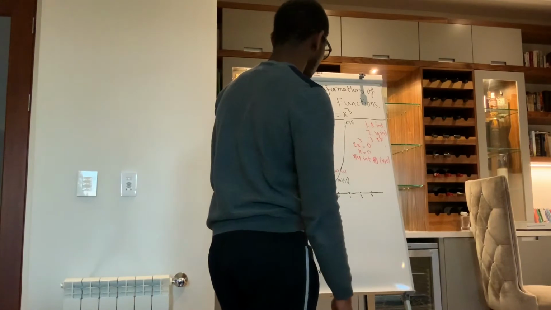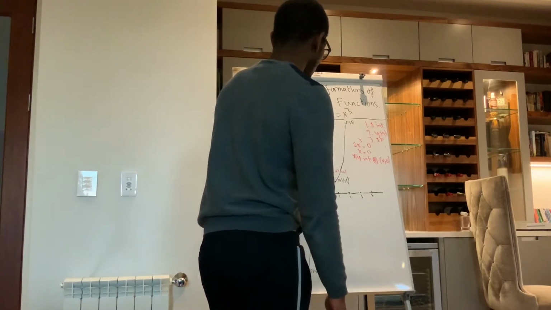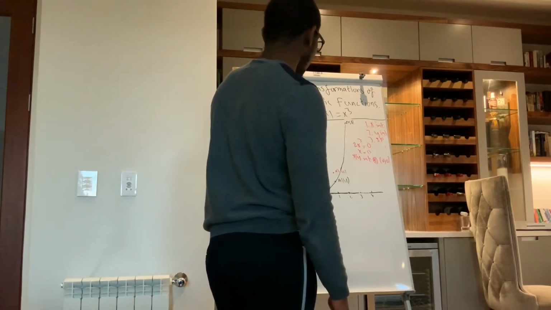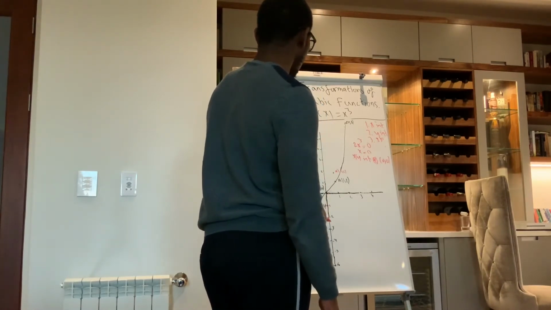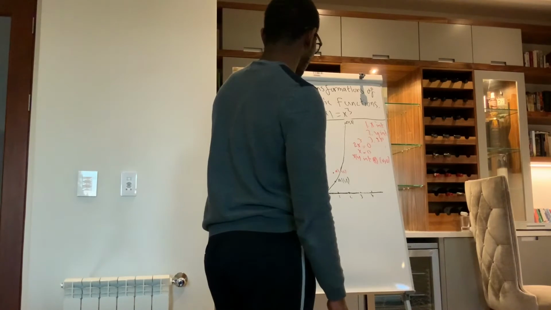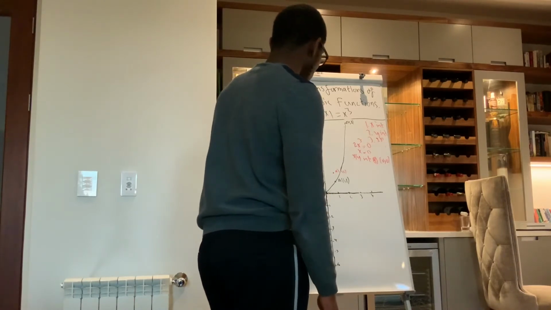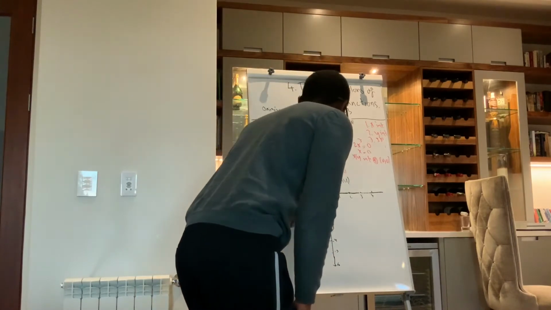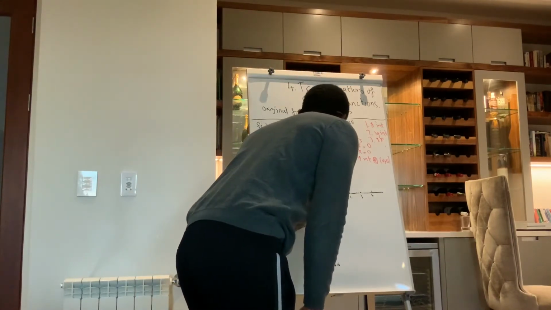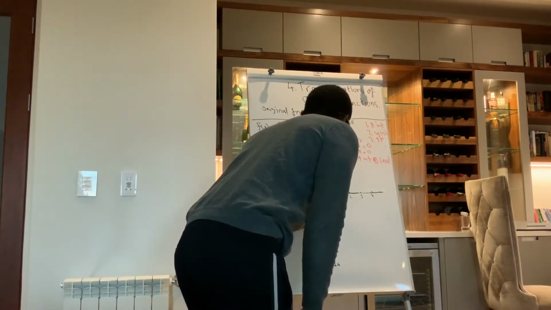So now what we notice, similarly, if we look at negative 1, negative 1 cubed gives us negative 1. Times 2 gives us negative 2. So at negative 1, we get negative 2. It's got a point B dash here at negative 1, negative 2.